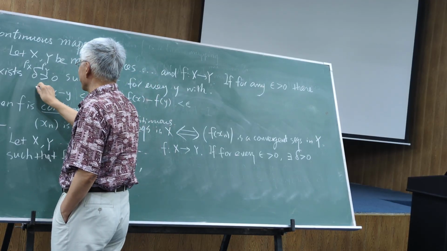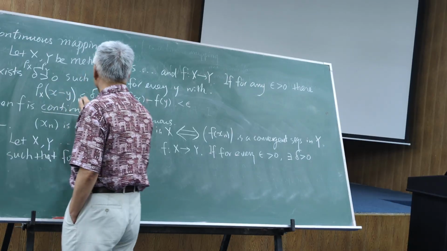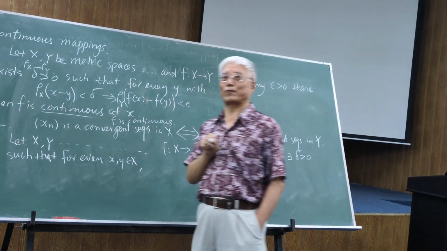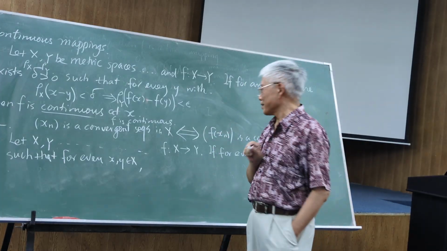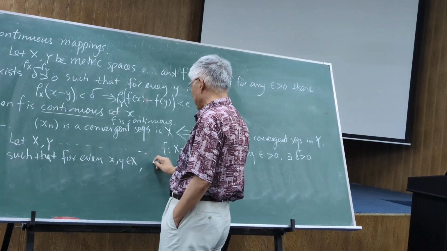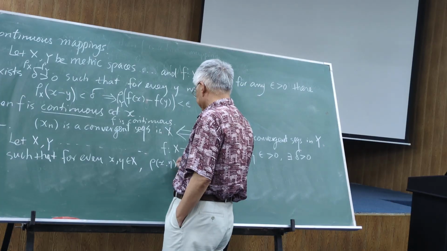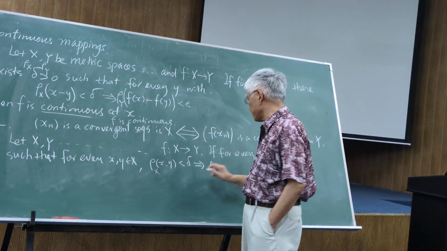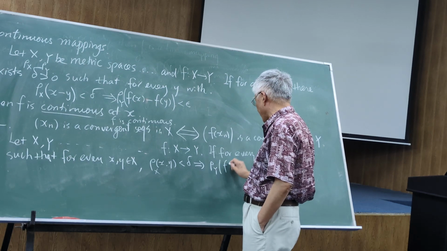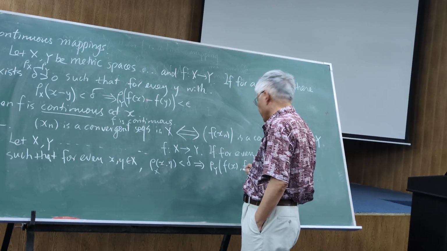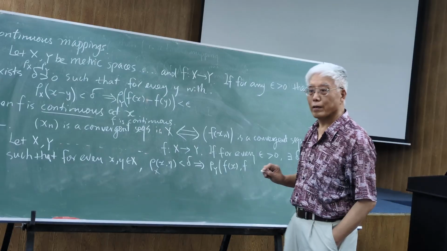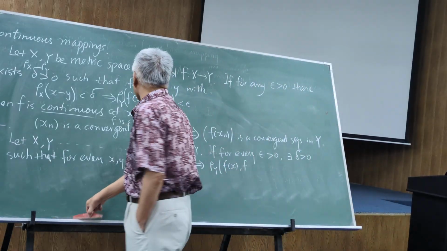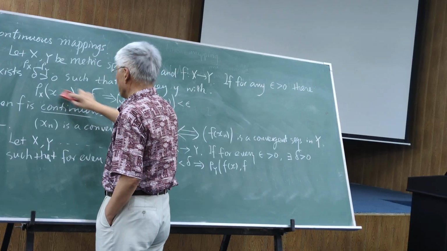Let me correct. It's fine now, I think. Now I think about it, it's rho of x, y, small delta will imply rho of f(x), f(y). x comma y, not x minus y. Right? Yes, rho of x comma y. Thank you.